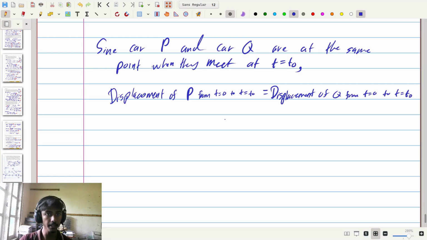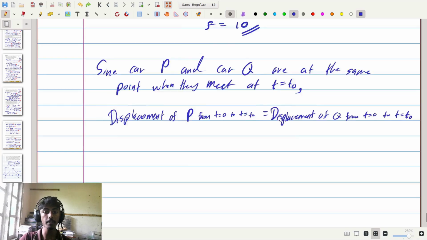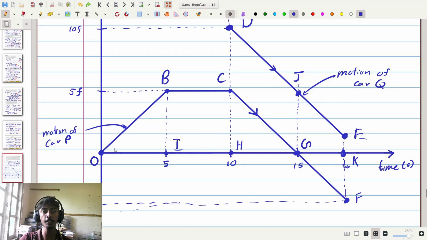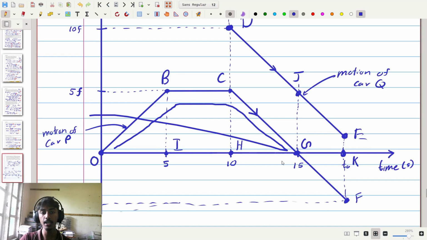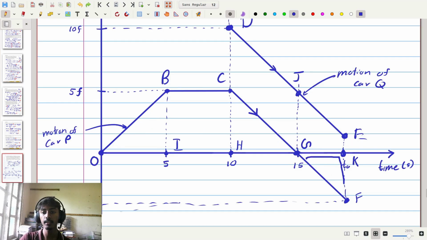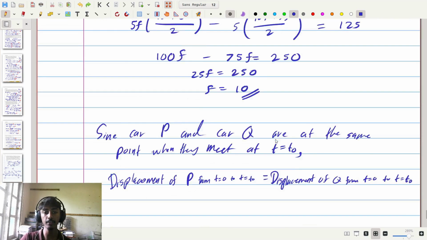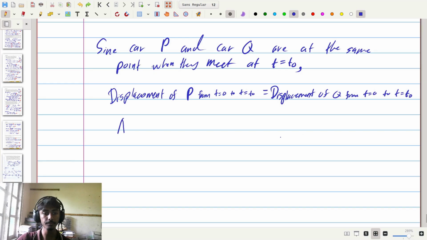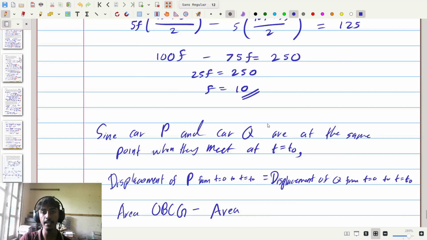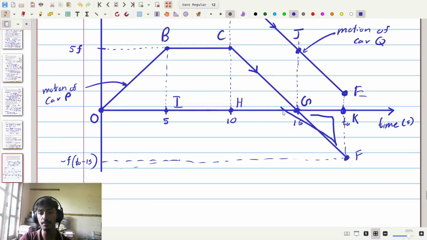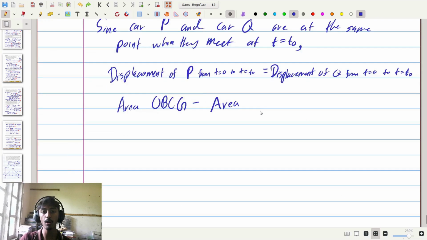And according to that, the signed areas that I just talked about must also be equal. Now for the displacement of P, as I said, we have area OBCG minus area GKF. So therefore, we can write area OBCG minus area GKF for the displacement of the car P.